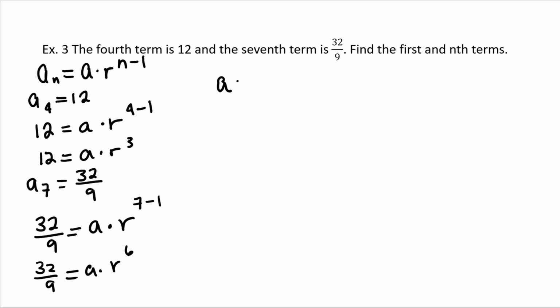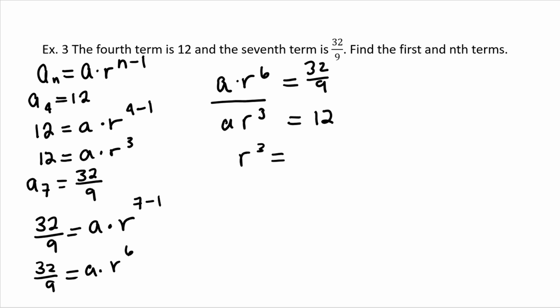So I'll write a times r to the 6th equals 32/9, and a times r cubed equals 12. Now some nice things happen. The a's cancel, and we can use the rules of exponents and simplify the left-hand side to r cubed.